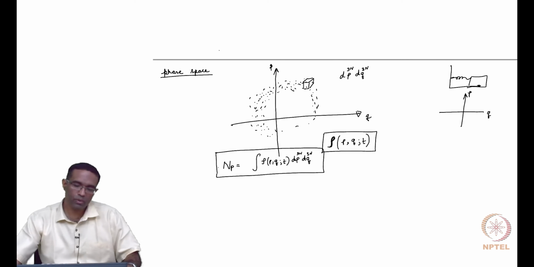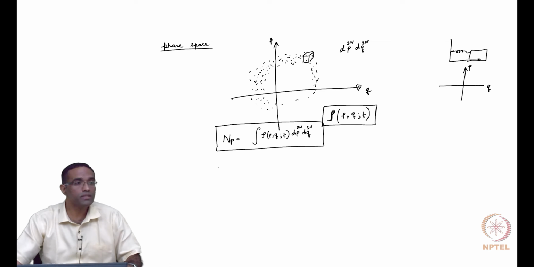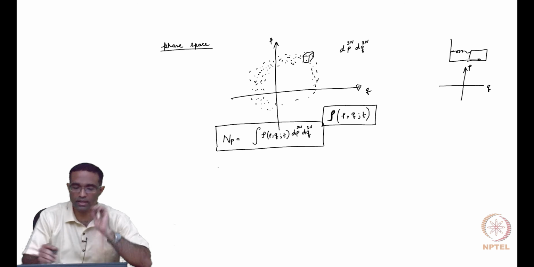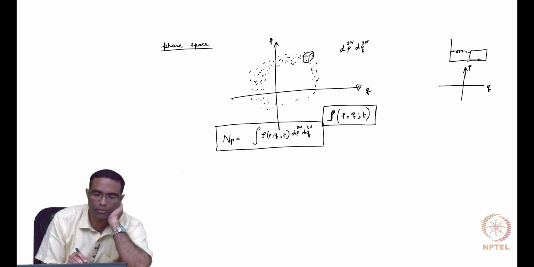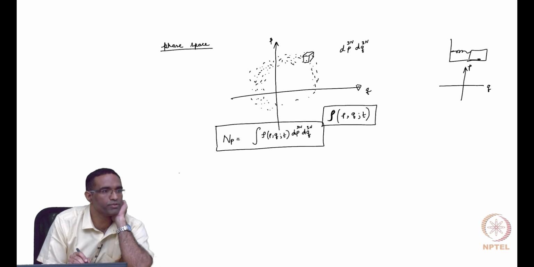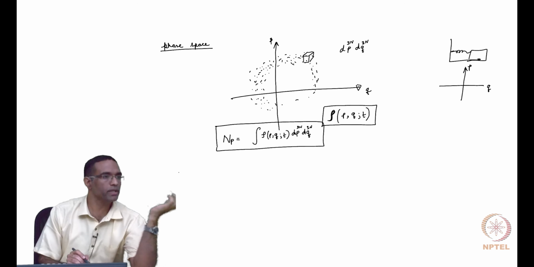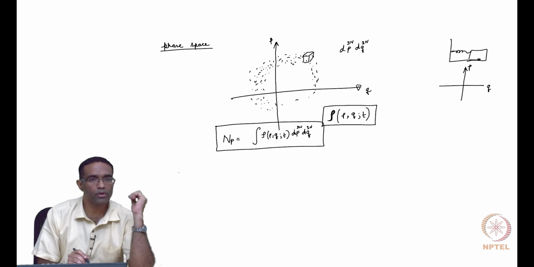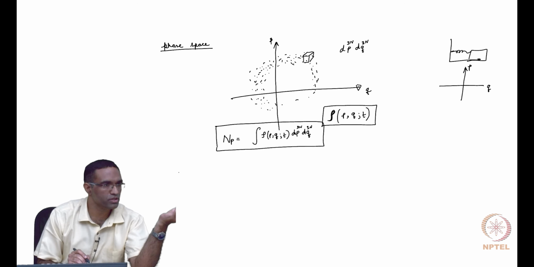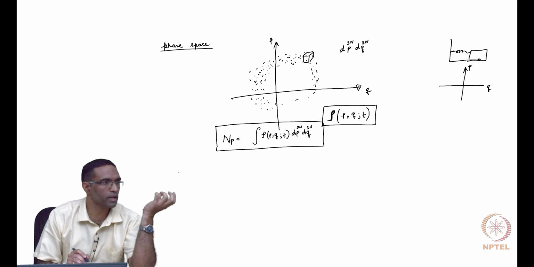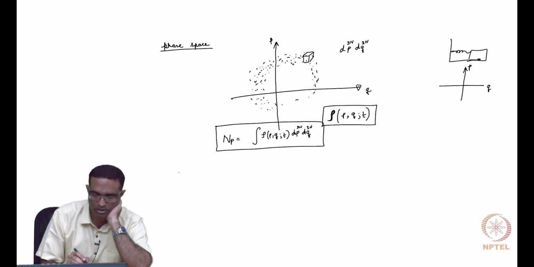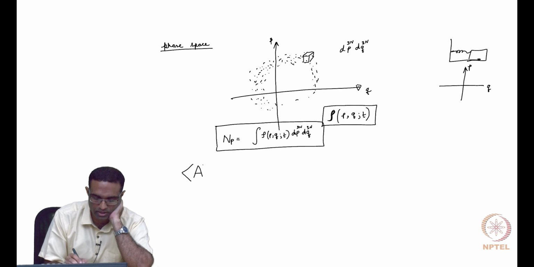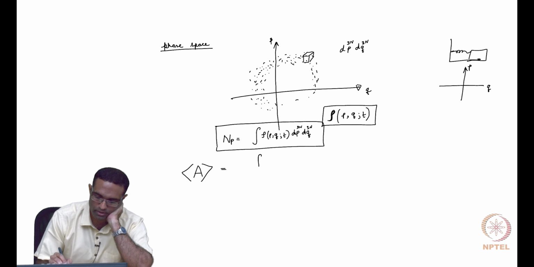Now, instead of taking a time average of the quantity I am interested in, I am going to take a phase average of that quantity. For example, for the same quantity A, if I want to take the phase average, what I would essentially do is the following.